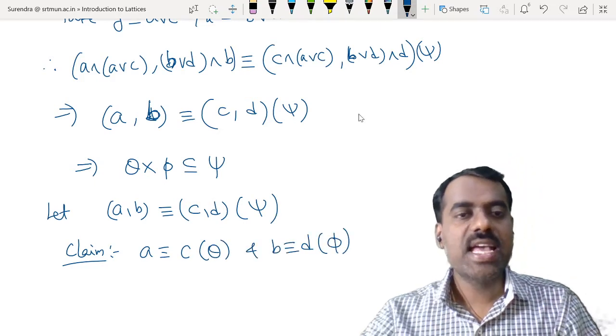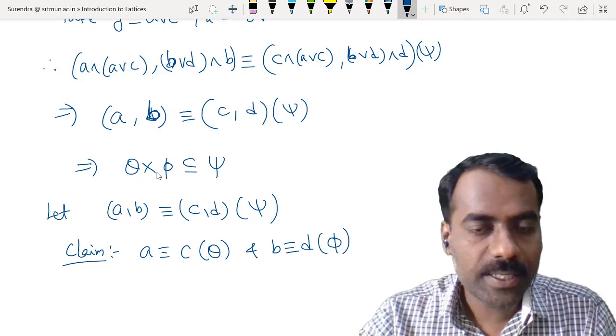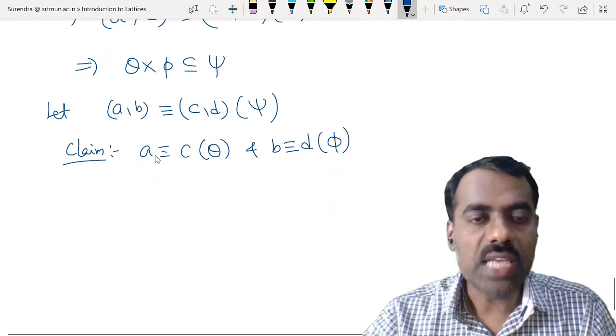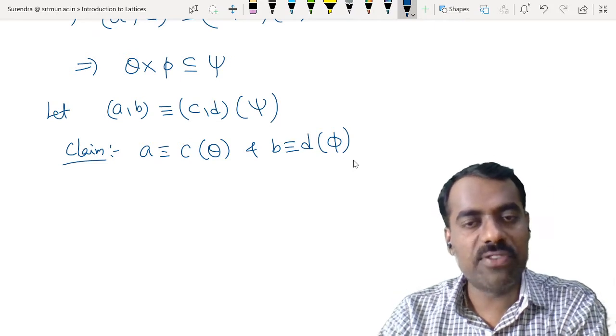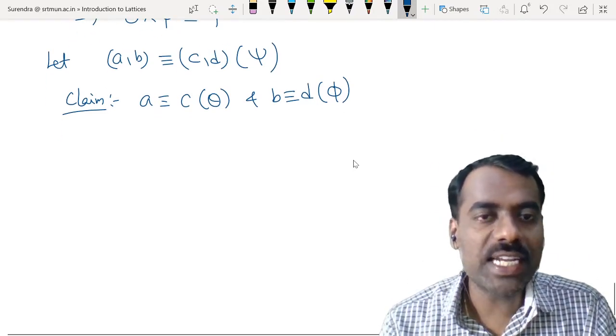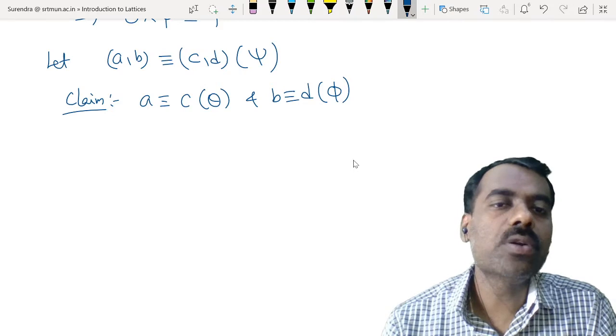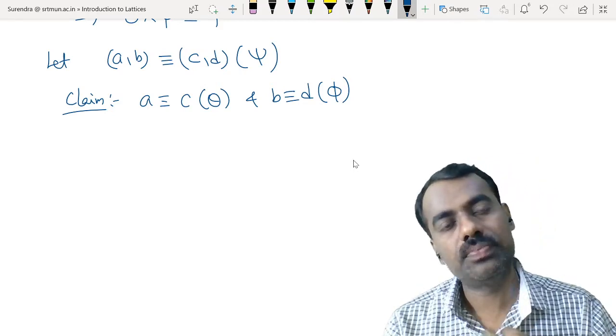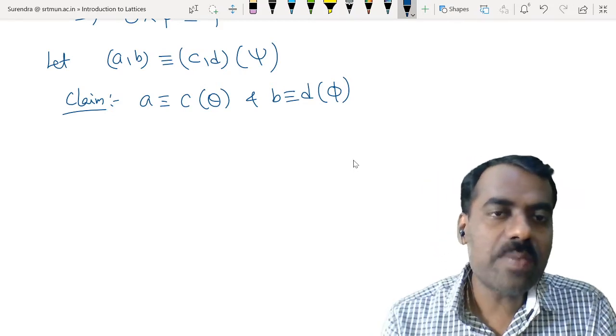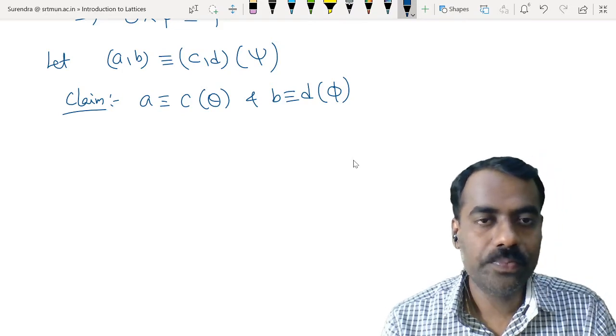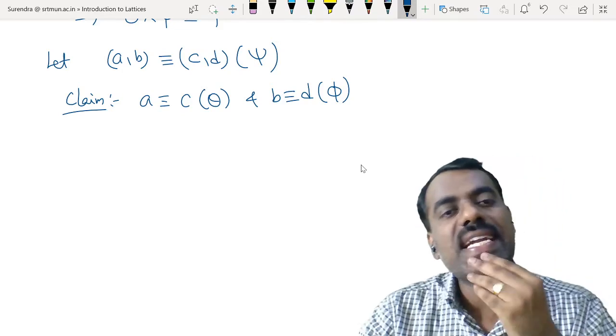If we can show that, then it is in the cross product. Is this clear? I will show one of them, the other follows in the same way. We want to show that a is congruent to c modulo theta. But when a is congruent to c modulo theta, how are theta and psi related?